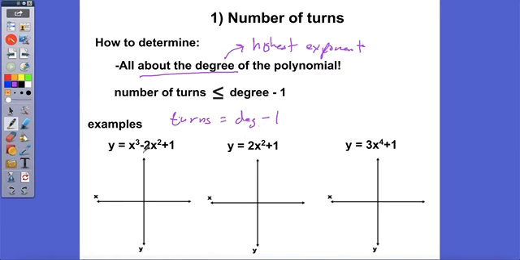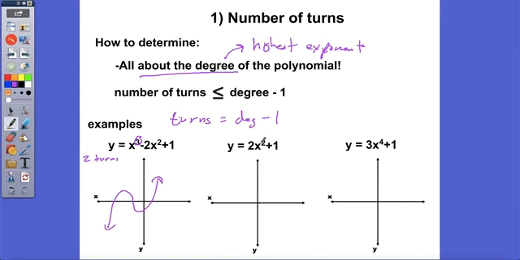So the degree for this one is 3, which means the number of turns would be 2. An example of a 2-turn polynomial would be 1, 2. It could be this polynomial. We don't know anything else about it, so this is just an example of a 2-turn polynomial.